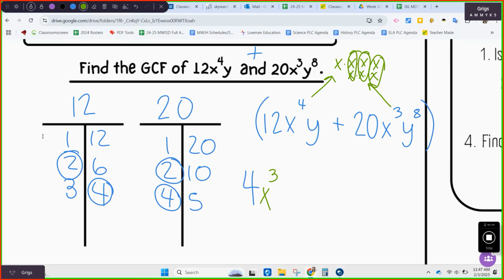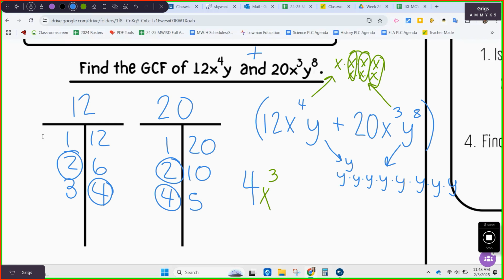Okay. What about y? What would y to the 8th look like expanded? y times y times y times y times y times y times y times y. A lot more y's. We all write down all 8 of those y's.